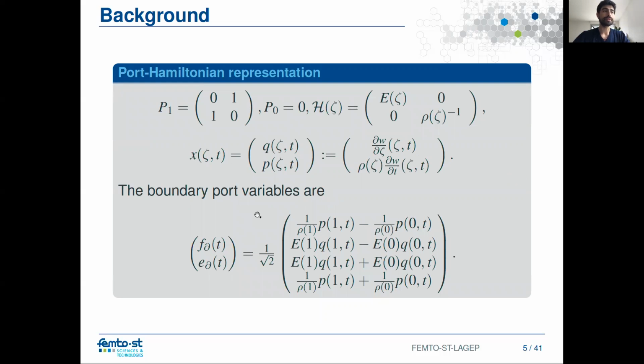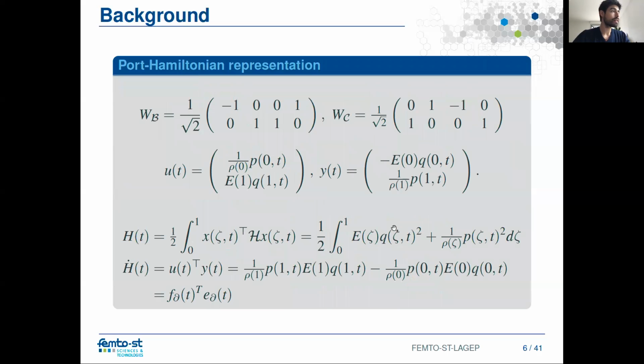The same system we can represent as a port-Hamiltonian with the matrices P1, P0, and H. If we define these state variables, which we call the strain and the momenta, they are energy variables, then we can compute these boundary port variables, which are linear combinations of the effort variable evaluated at the boundaries, and then we can characterize the input through this matrix and the output through the other one.